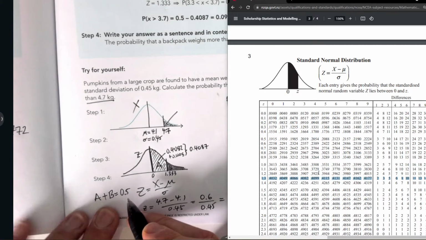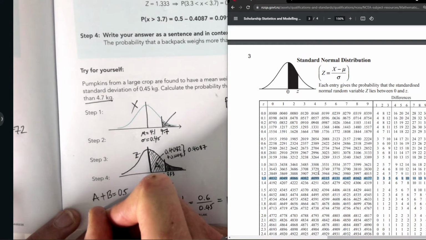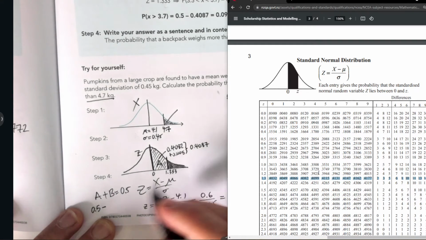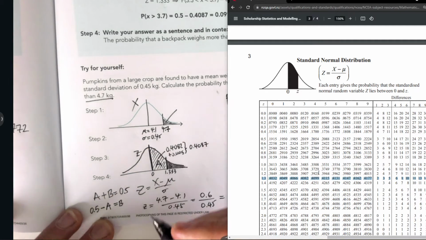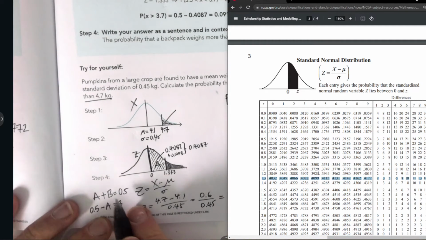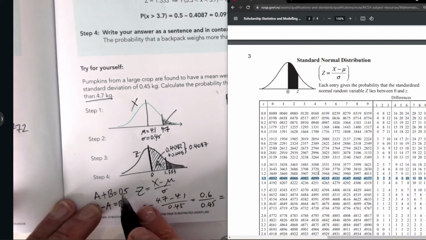And with the same logic, we could then say that 0.5 minus A would get us to B. Right? How do I show that algebraically? Pretty much you minus A off both sides, and so the A goes over to here and flips signs, so it goes 0.5 minus A is equal to B.